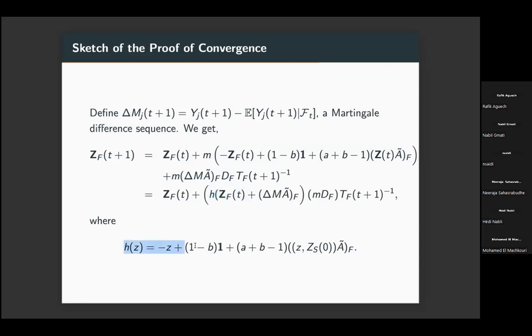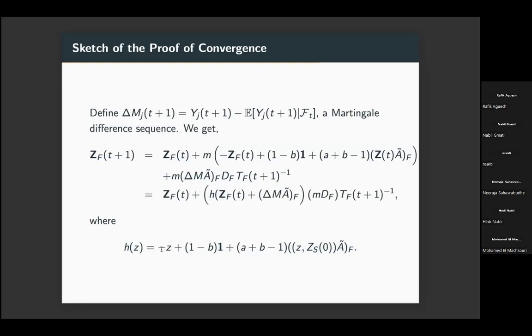This function h becomes important in determining the limit points, the limiting point z star that we saw earlier, and it also becomes important in determining how the fluctuations will happen around the limit.